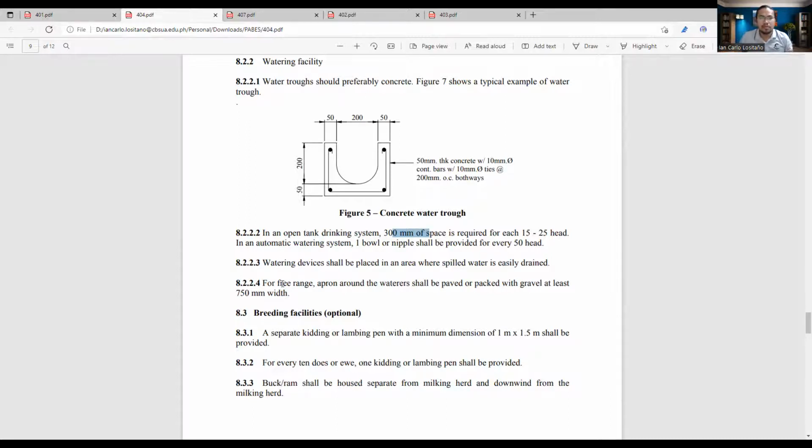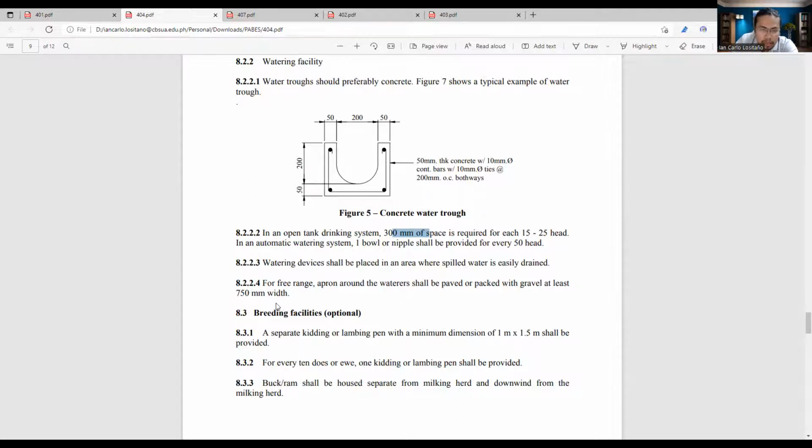Now, the apron is the approach, the approach towards a location. So this is to avoid mud forming within the vicinity of the waterer, because if water mixes with the soil, it will form mud.